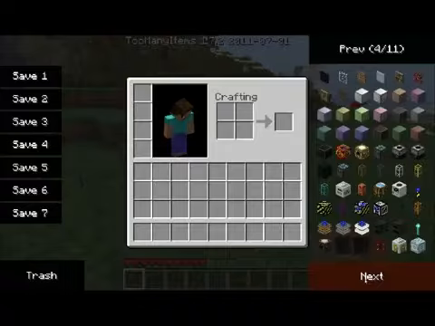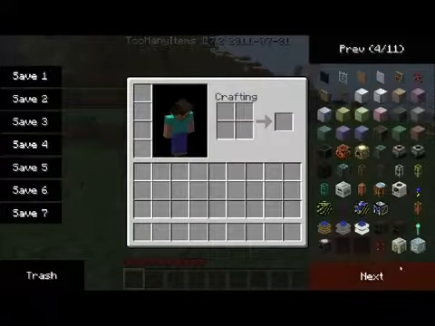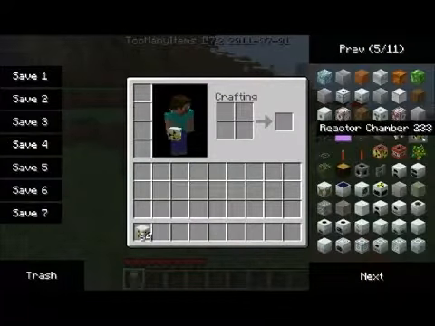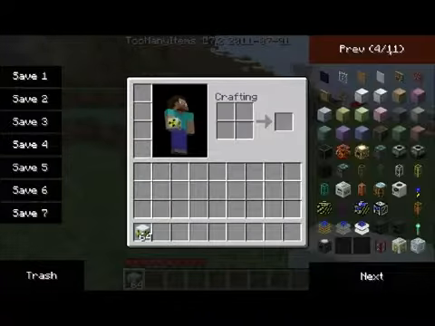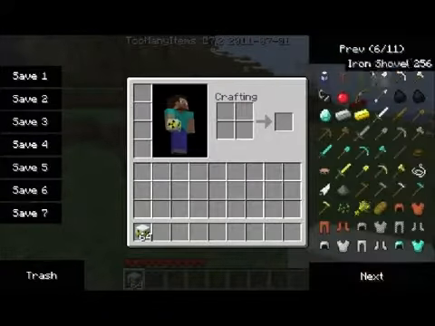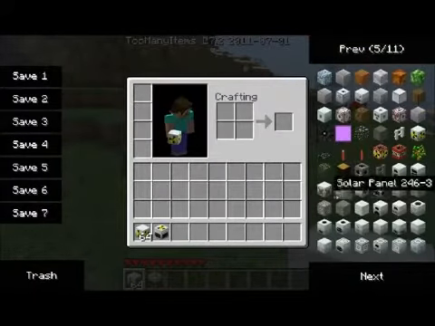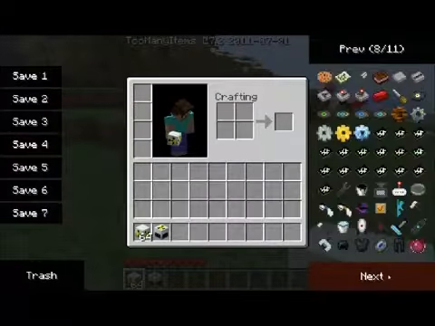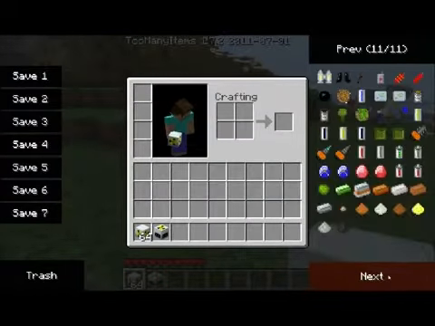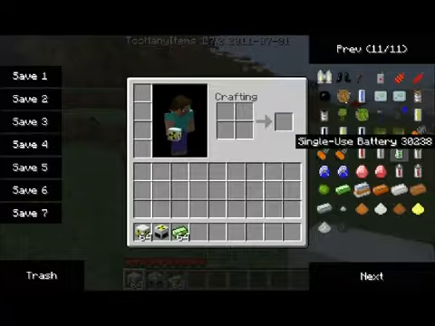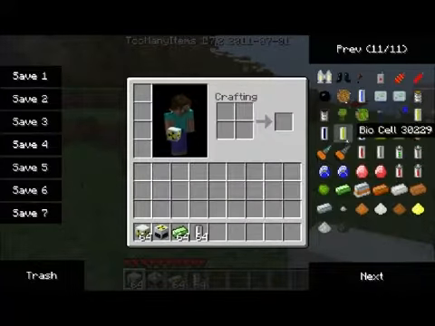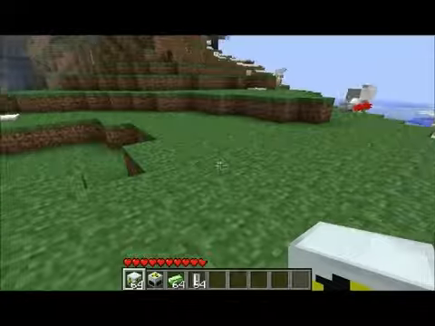Okay, I just moved over to a random location here. I'm going to give myself some reactor chambers. I'm going to give myself the nuclear reactor itself. And there we go.